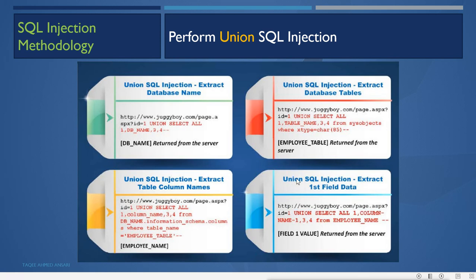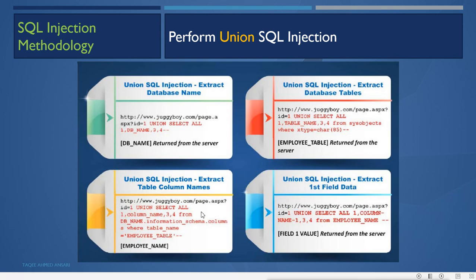Then Union SQL injection to extract first field data. It will check the first field data by adding union select all, one, column name, 1, 3, 4 from the employee table, so it will select the first one from the employee table. Now these are simple queries of SQL Server, the Microsoft SQL database. MySQL queries may vary from this.